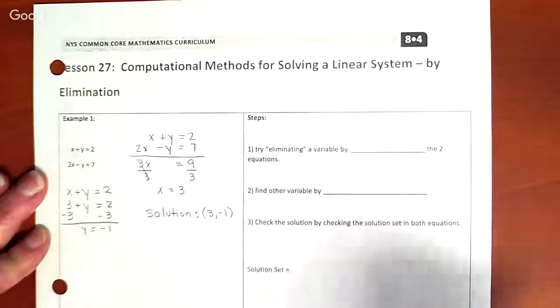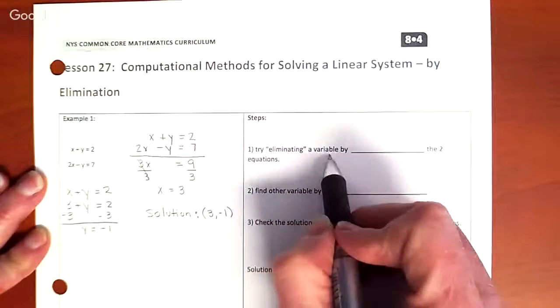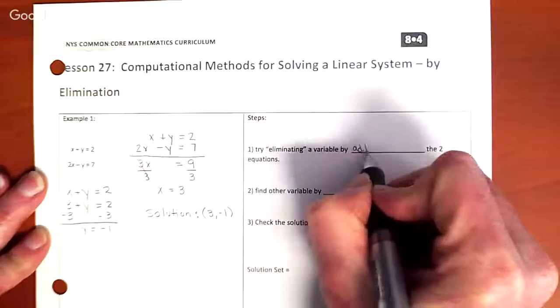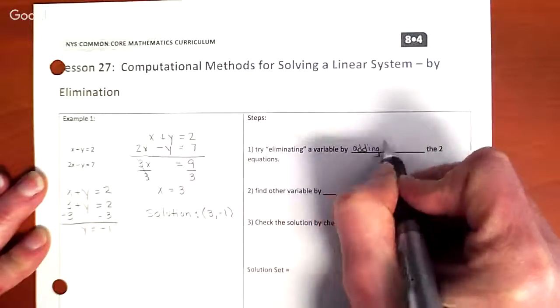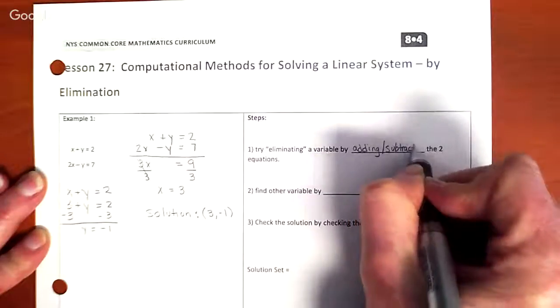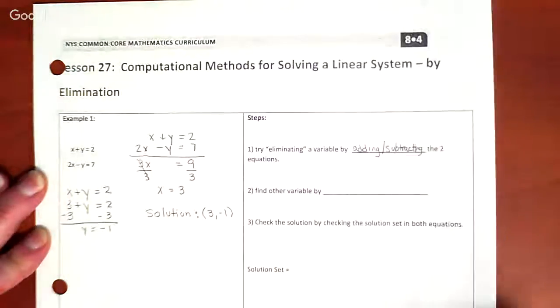-1. So the steps that we're going to take: we try eliminating a variable by adding or subtracting the two equations.